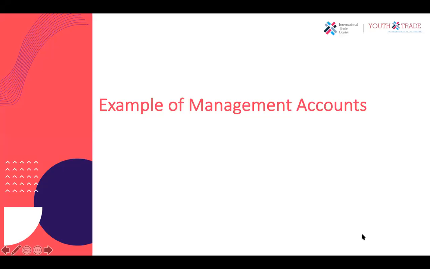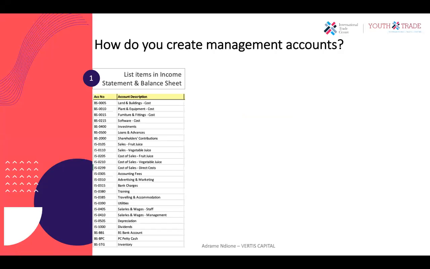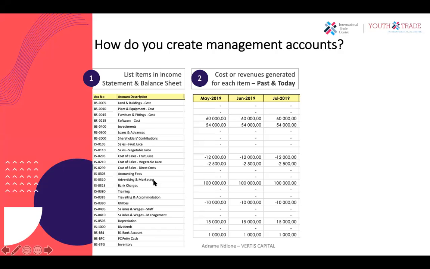So we have seen the example of management accounts, and I have shown you a bit how to create them. To summarize, first, you list all the items that should be in your income statement and your balance sheet, really detailed items, like here. Second, you generate the revenues and the cost of each item, in the past and today.